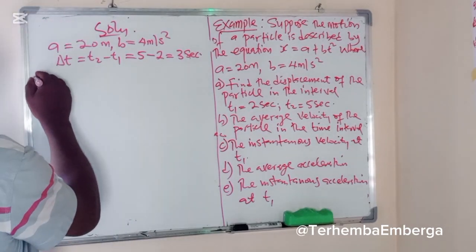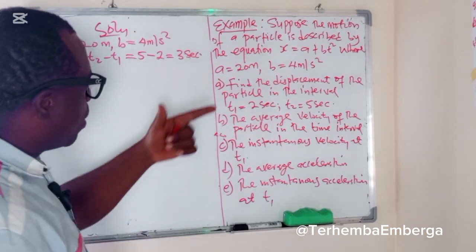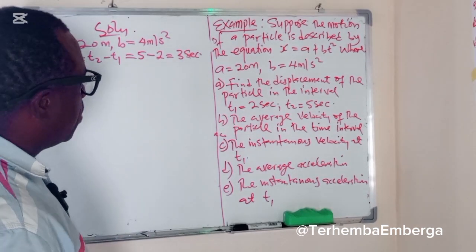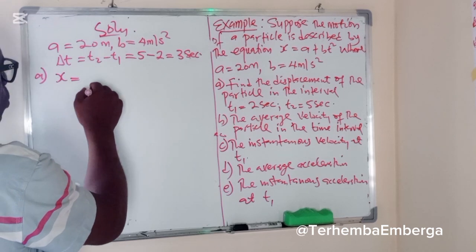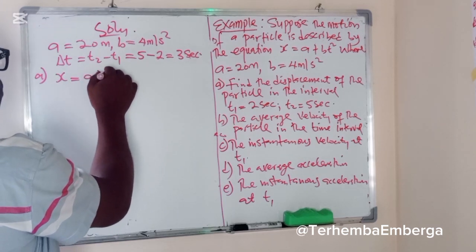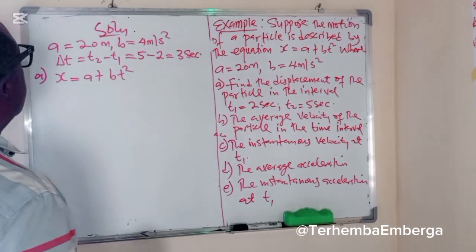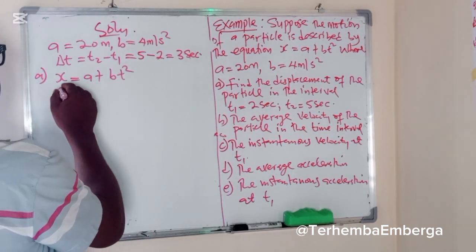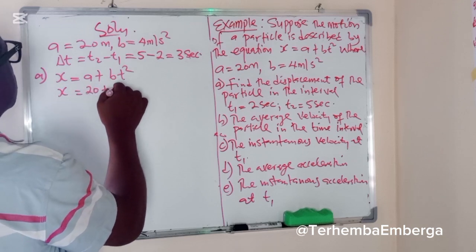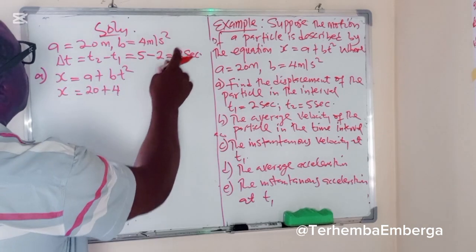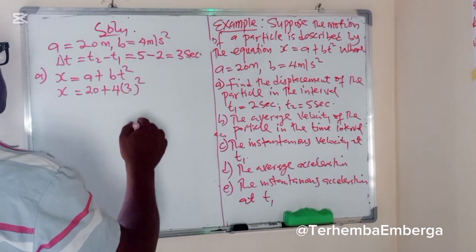The first question is, with the reference equation, we can calculate displacement, which says that x is equal to a plus bt squared. All the parameters are given here. So in this case, we have x equal to 20 plus 4, and our time now is 3 squared.